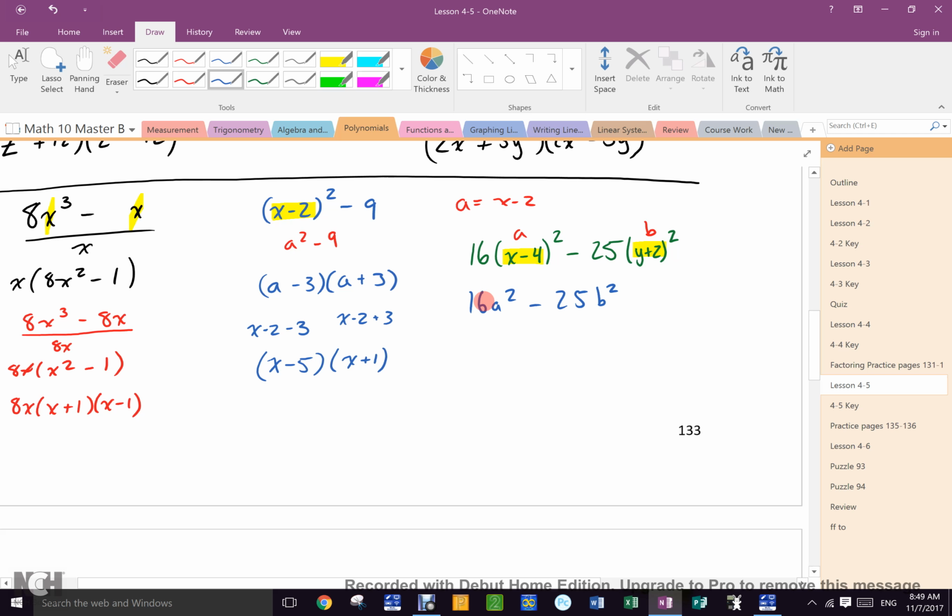What's the square root of that first one? 4A. Plus, what's the square root of that second one? 5B. Then what do I write? Same thing, except 4A minus 5B.